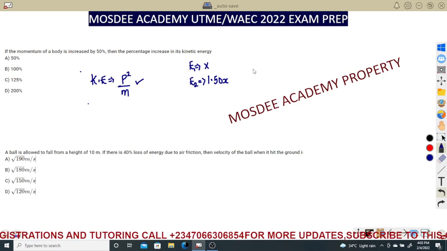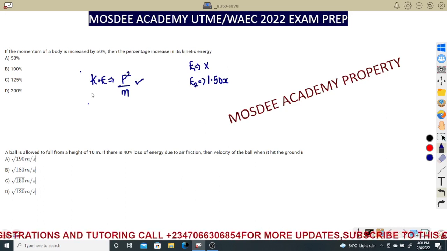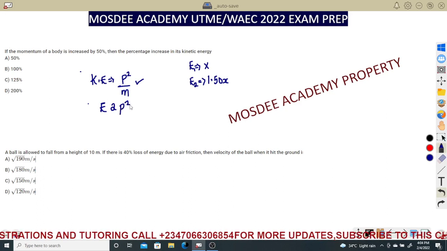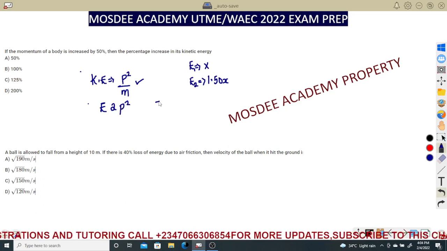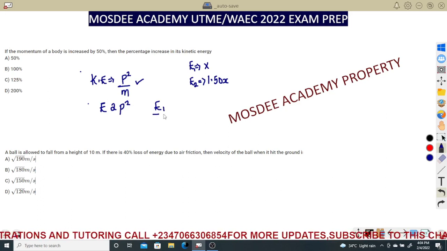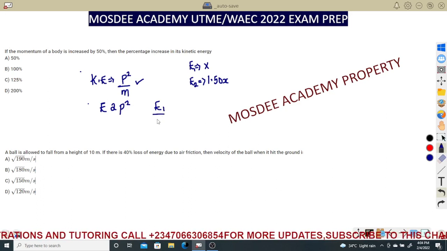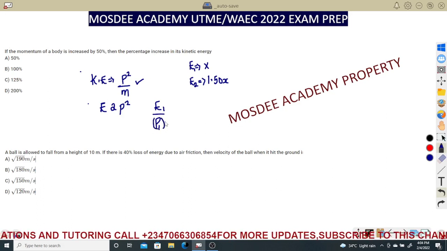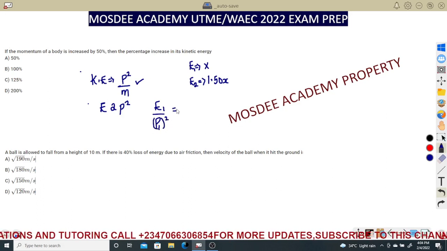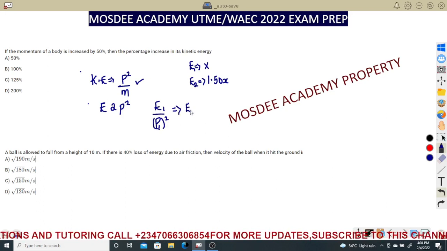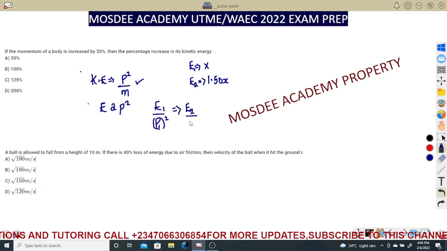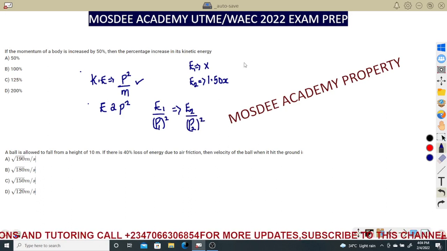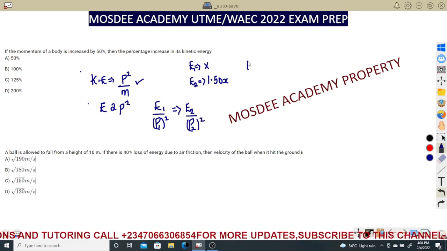So what we are saying is that kinetic energy is proportional to the square of momentum. So we can say E1 over the first momentum squared is equal to E2 over the momentum of the second one squared.